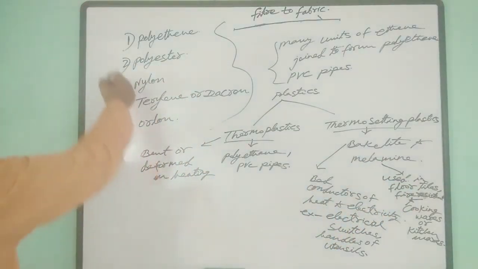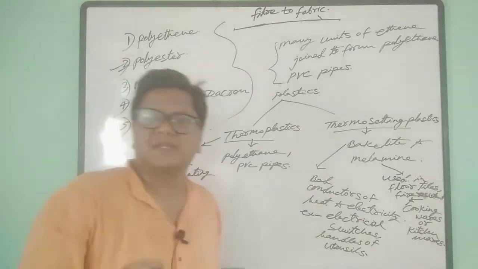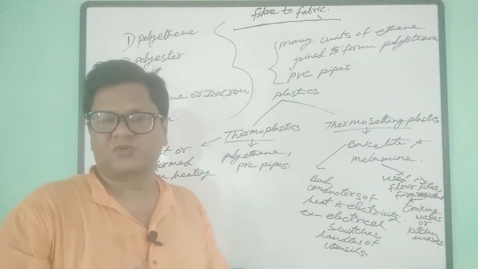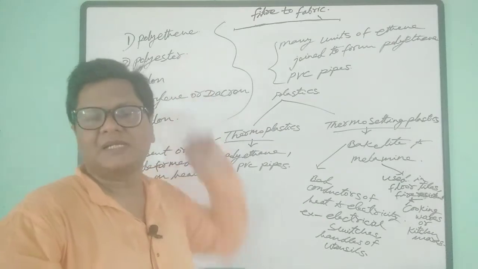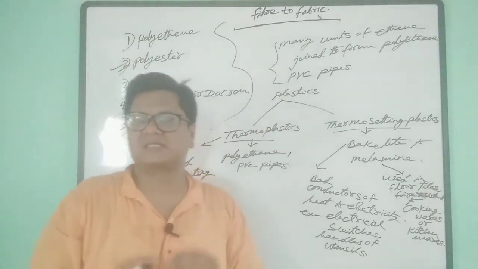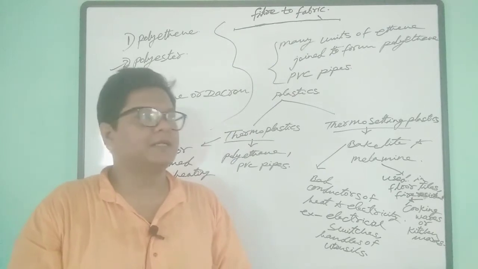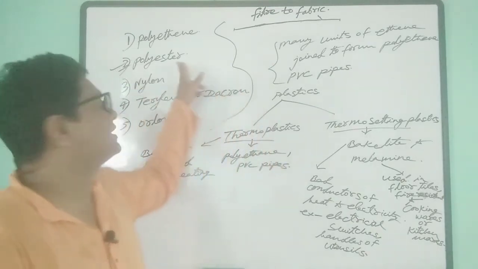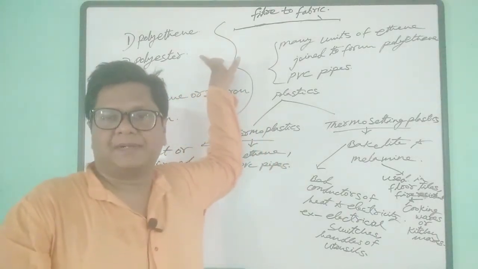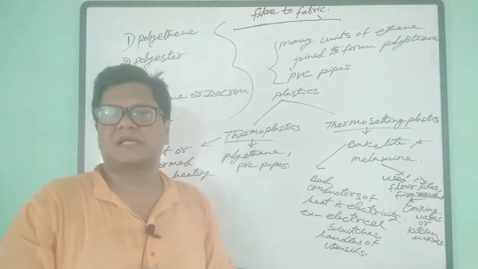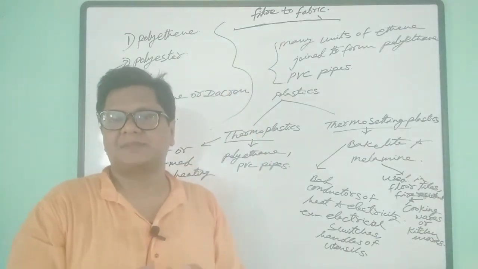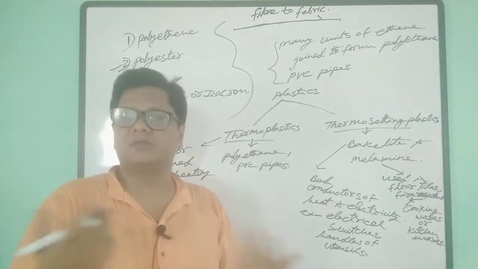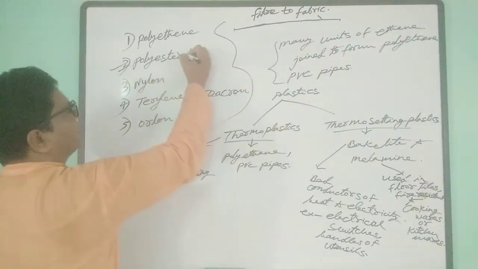Now we will see polyesters. Polyesters are fabrics which are prepared by combining many smaller units of esters, hence it is polyester. These are less water absorbent, light in weight, and their color does not fade in bright sunlight. Therefore, we use polyester fabrics. These polyester fabrics can be mixed with cotton, and we get polycot, polysilk, polywool.